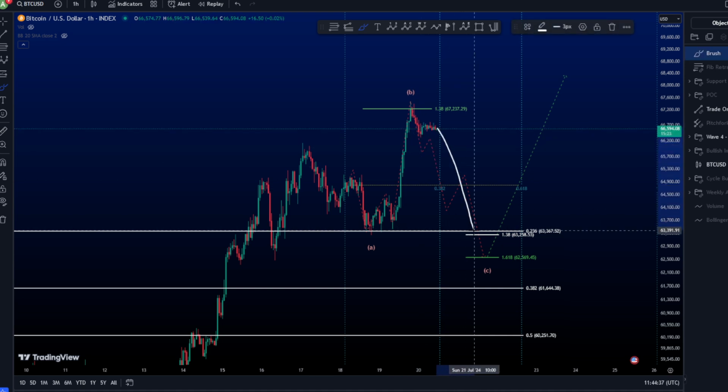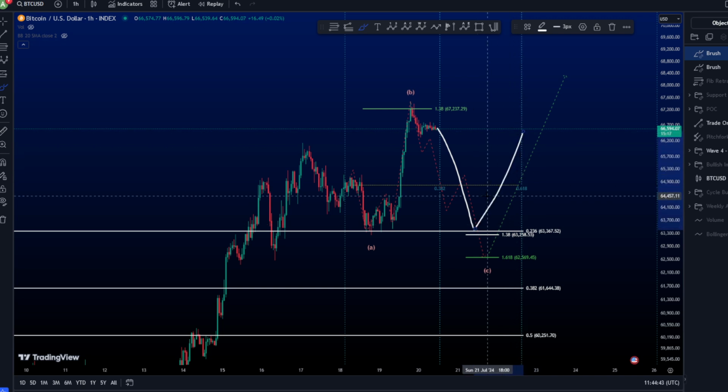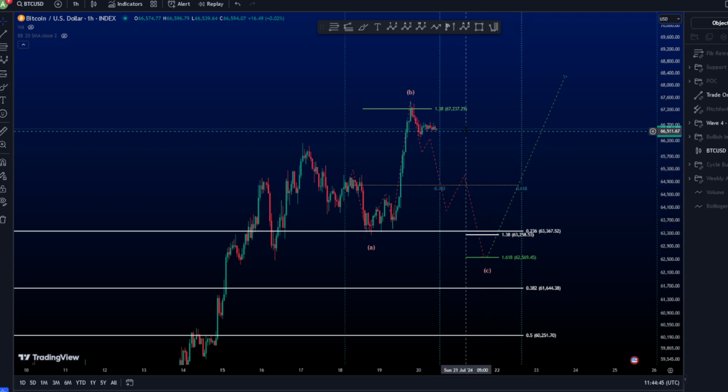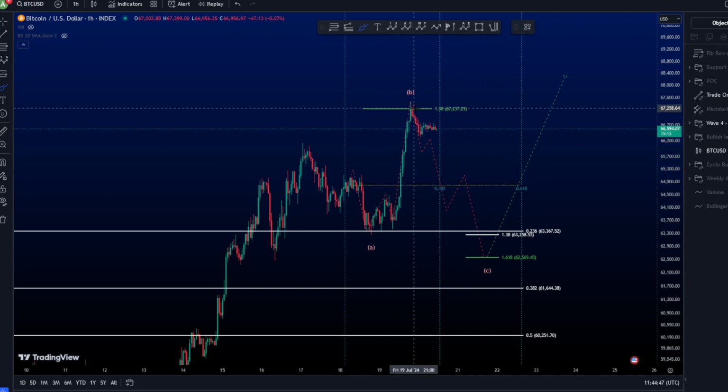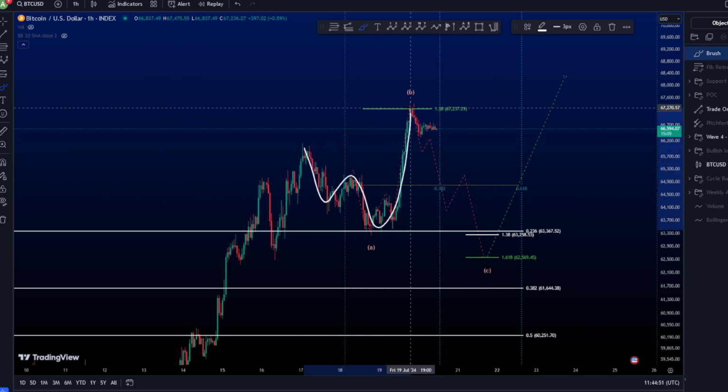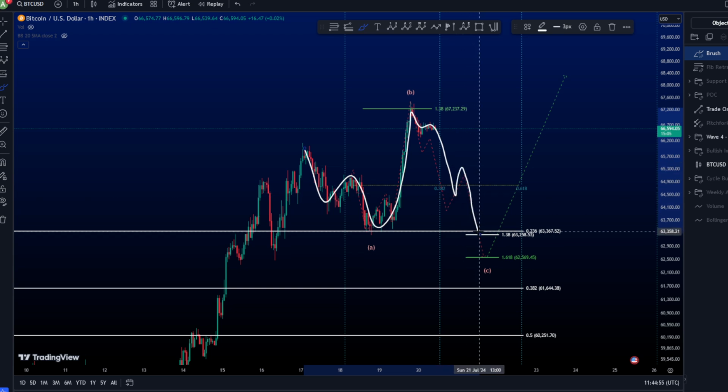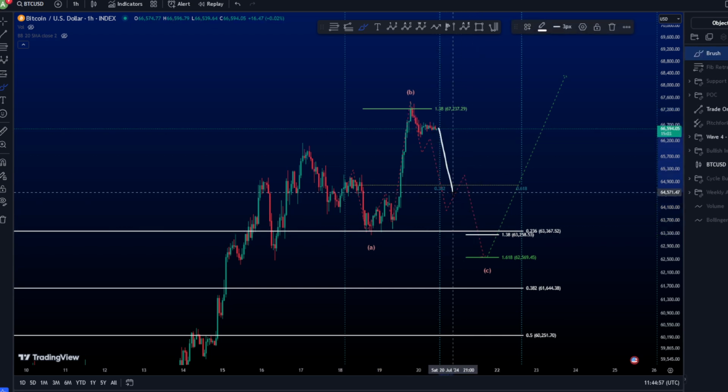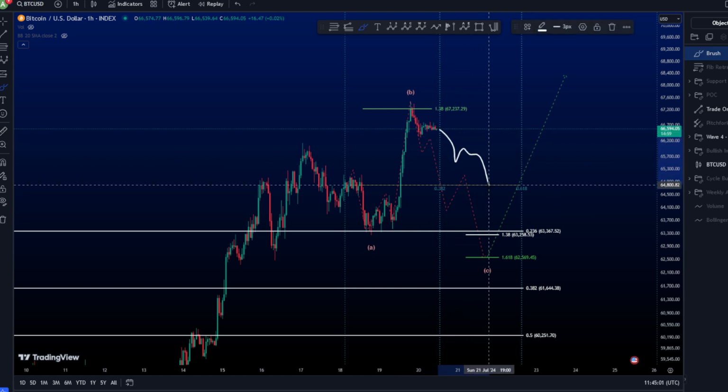And we need a back up to at least 0.23 Fibonacci to move on with the wave 5. And in this scenario, if we have a flat ABC here, then we need to see a wave C. Then it has to be impulsive, or it has to revisit sooner or later, yeah, this area.